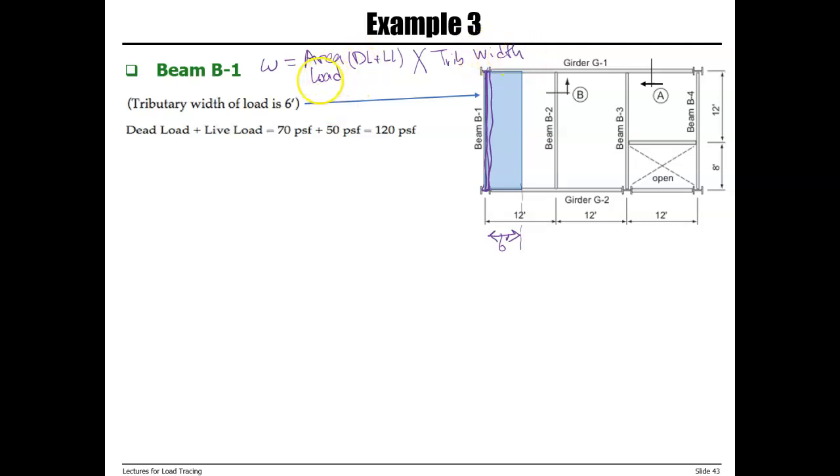So the area load that we have here is 120 pounds per square foot, and the tributary width of load for beam B1 is 6 feet. So this is our area load, dead load, and live load. Total area load that we have, 120 PSF times tributary width.